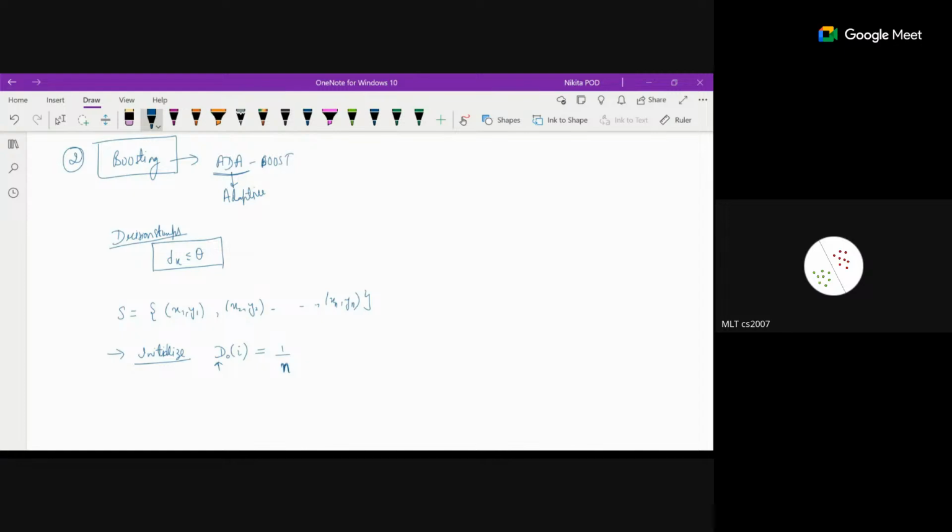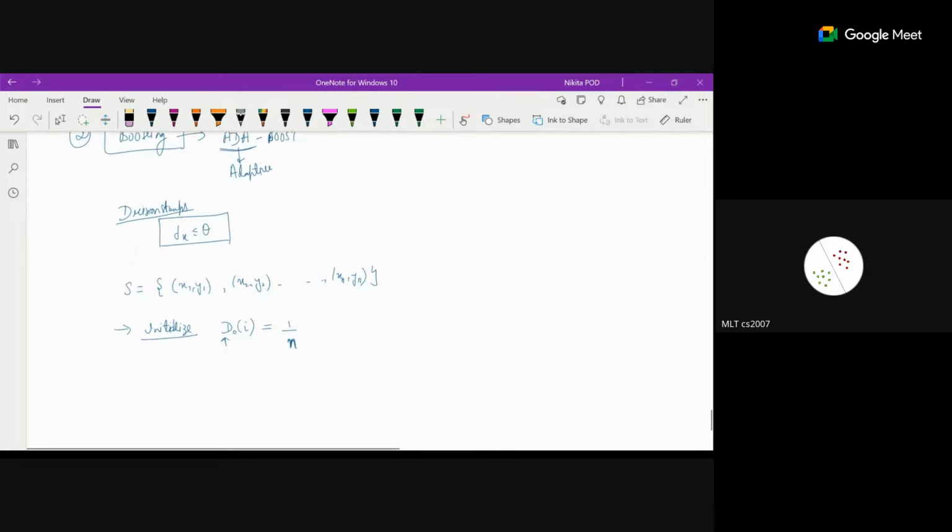It means this is the uniform distribution. Every data point has the same probability of coming in for the bags that we are going to make.